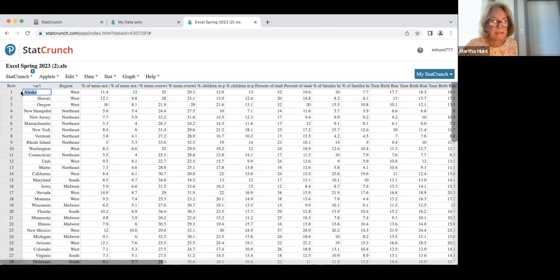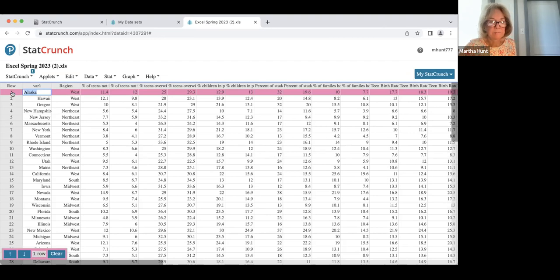Okay, it seems like it's Alaska. Okay, now, can you see this? Okay, I hope. Yes. Okay, so if we go back to, oh, I want to go back to the graph. It's Alaska.